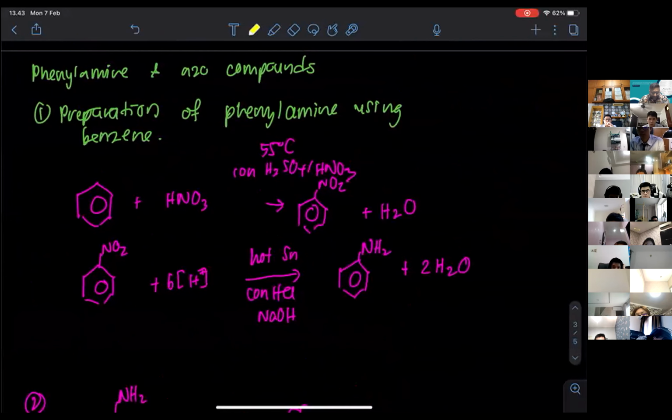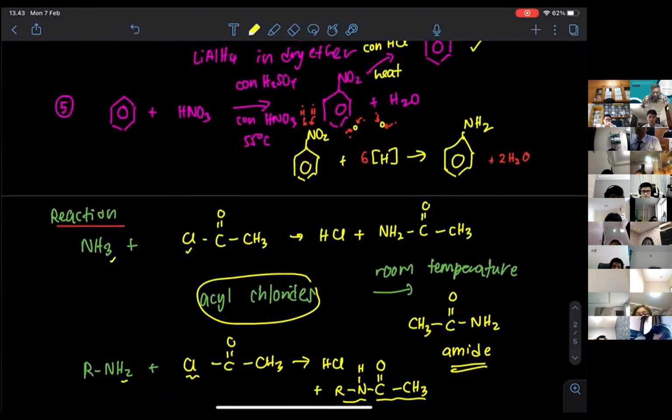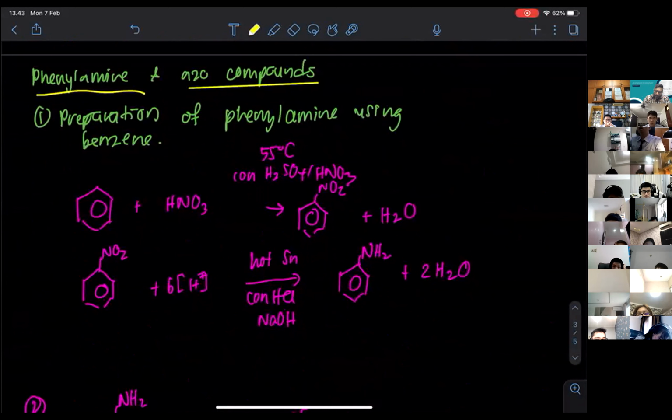And then here, phenylamine and azo compounds. I just wanted to explore phenylamine and azo compounds. How do you prepare phenylamine? Remember just now the fifth equation that I wrote over here. Using benzene, quite simple.